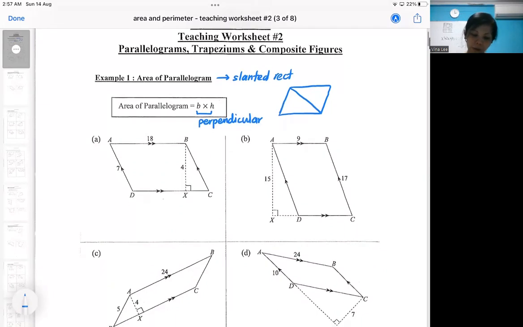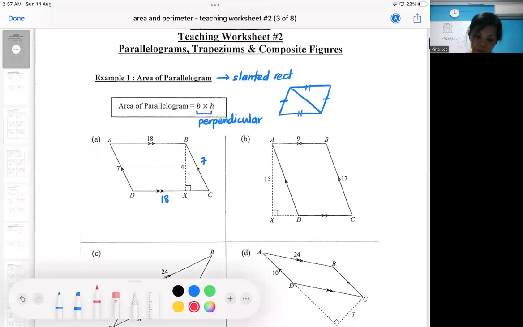So for example, if you look at a parallelogram, make sure you understand that the opposite lengths are the same, because it is supposed to be a slanted rectangle. So this is a 7, this is a 18, and then this is a 7. So which is the base and height that you will choose?